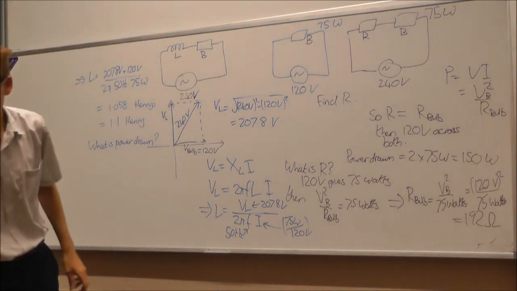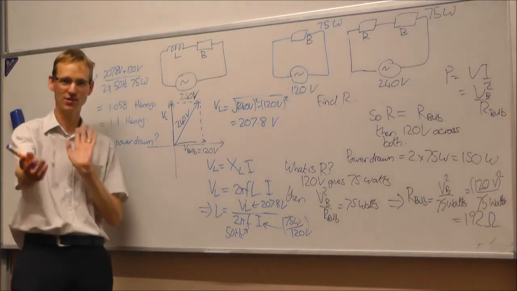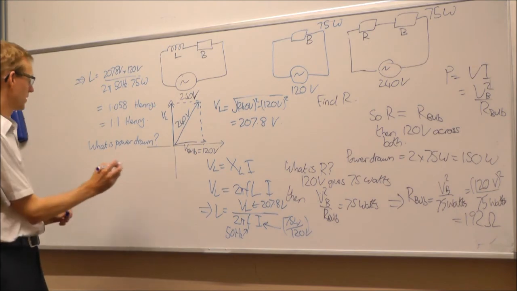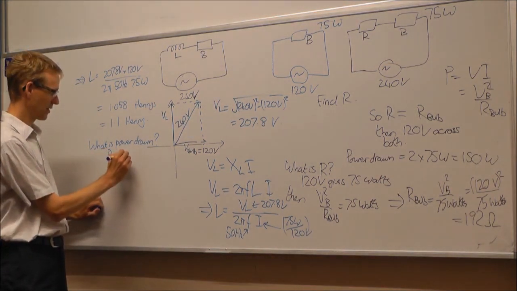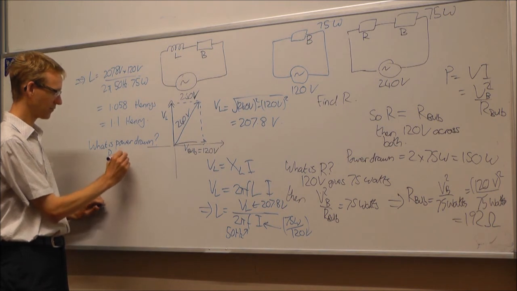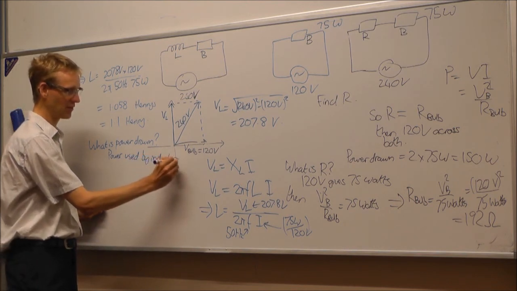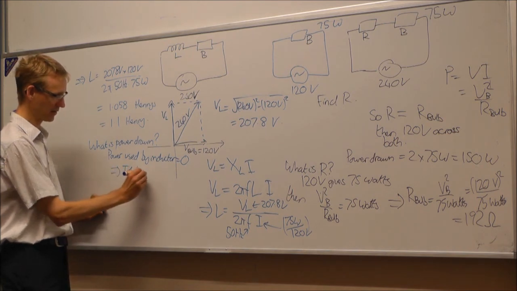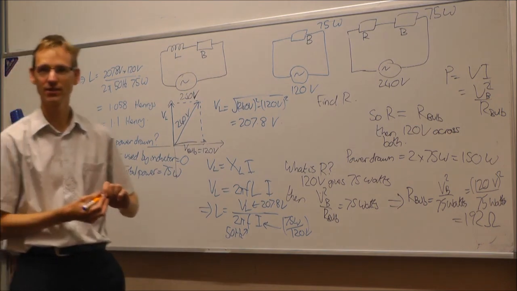But a pure inductor, as does a pure capacitor, draws no power at all. It just stores energy and then releases energy again. So power used by inductor equals 0. So total power equals 75 watts, just what the resistor used.